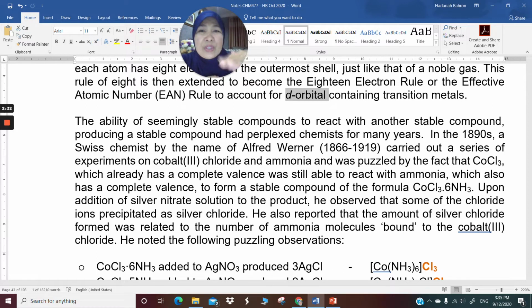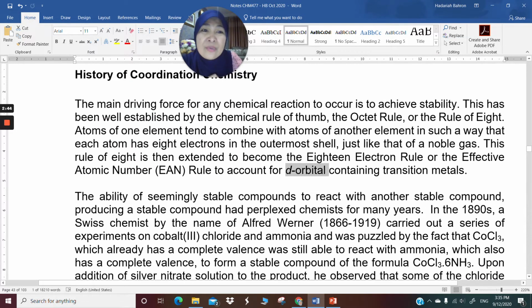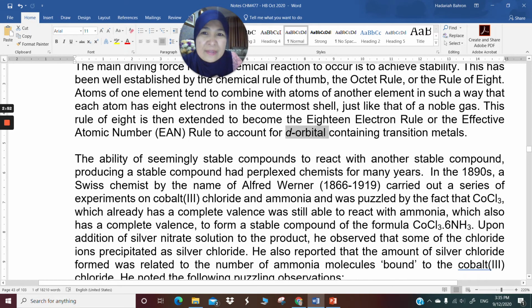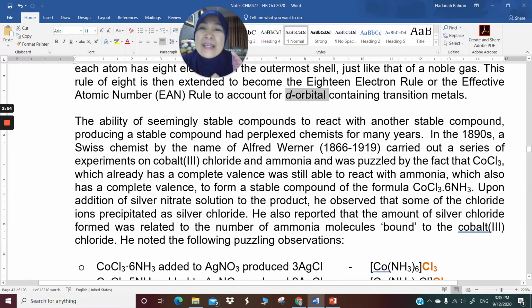So going on to the third series or third layer of the periodic table, we start applying the 18 electron rule instead of the octet rule. The octet rule is true only for the first and second shell. In the third shell, you start getting the 18 electron rule because of the existence of the d orbitals.